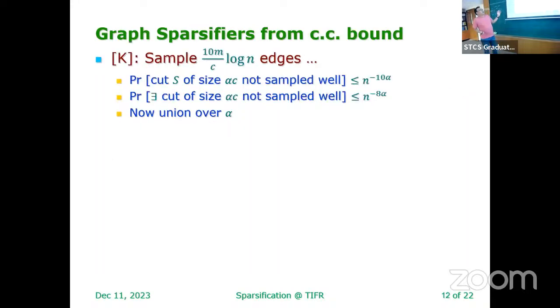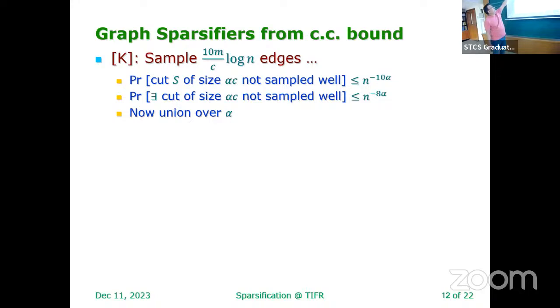So Karger basically said, okay, I'm not going to get you the linear number of edges, but let's just tell you that already graphs have non-trivial sparsifiers. It works very well in expanding graphs, where the minimum cut size is sort of uniform across the graph.